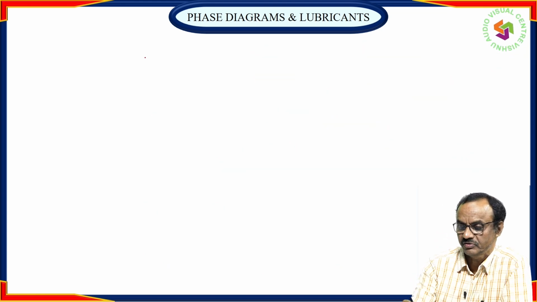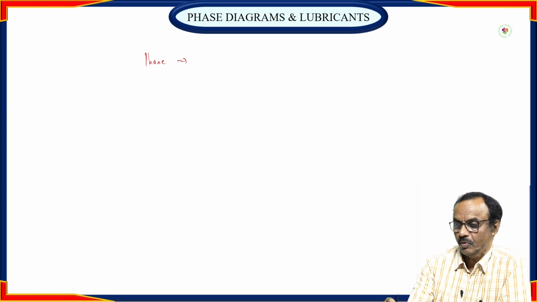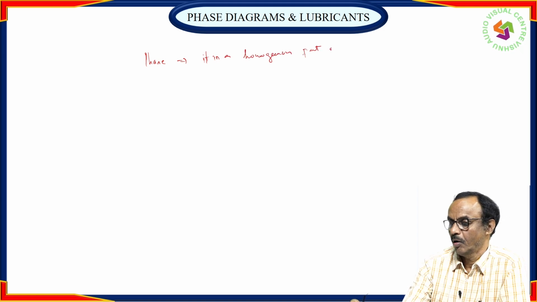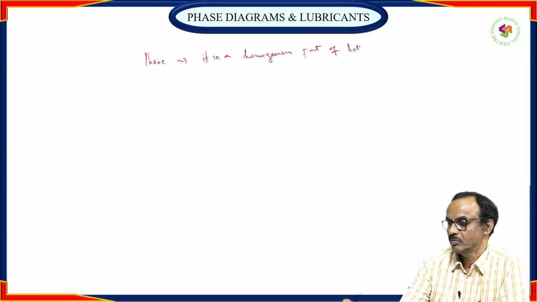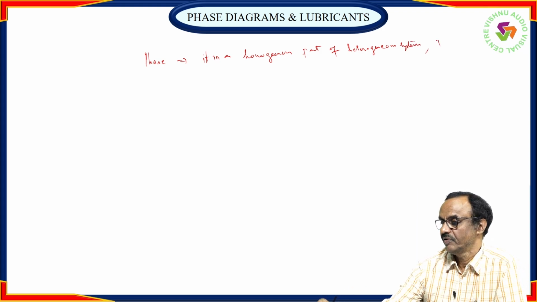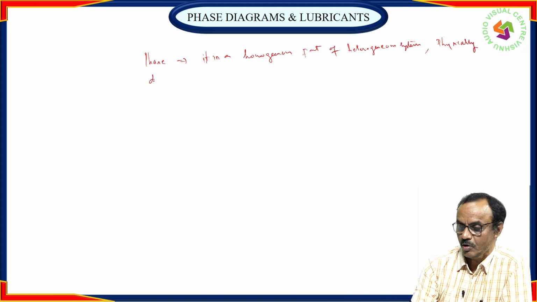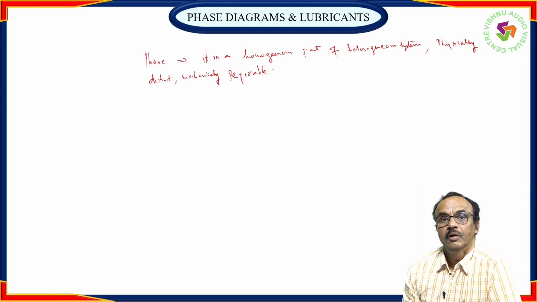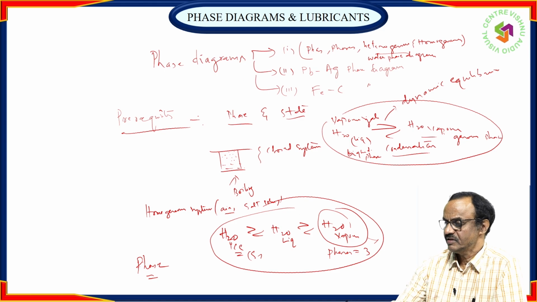You can write it in your own words: a phase is a homogeneous part of a heterogeneous system, physically distinct, mechanically separable.